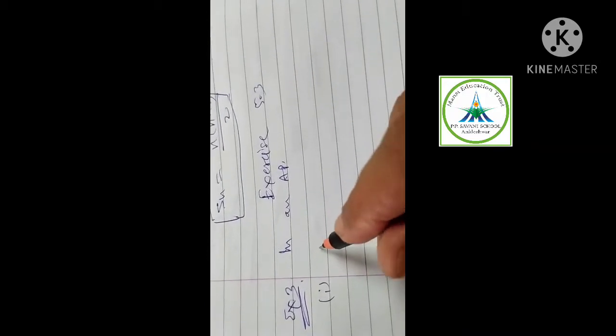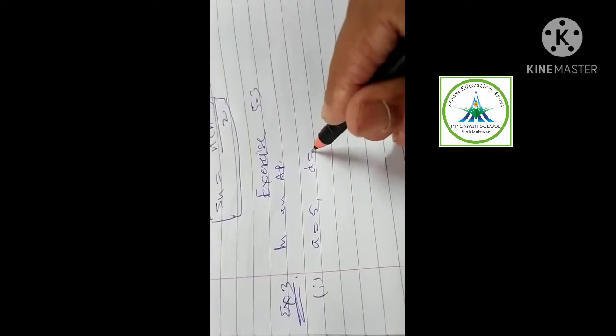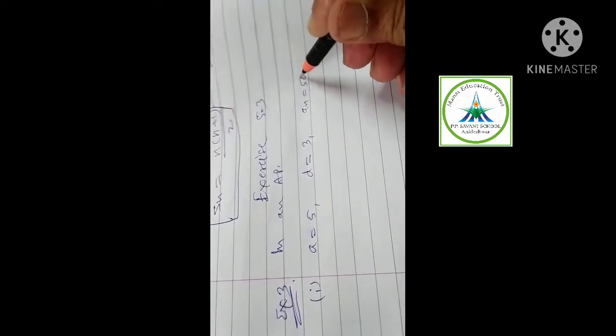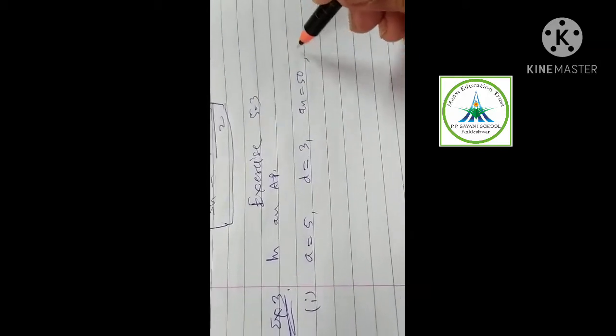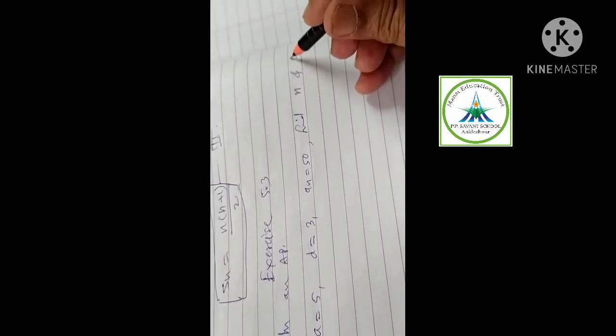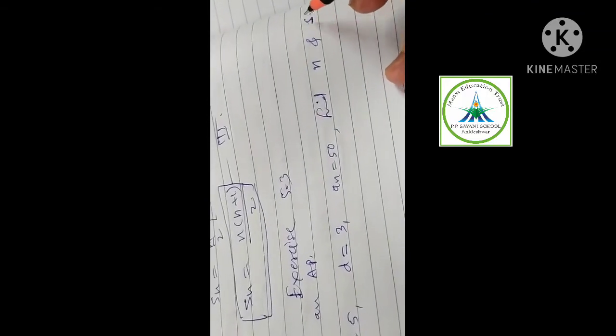What is given? a equal to 5, d equal to 3, an equal to 50. And they are asking us to find n and Sn. Got it? Find n and Sn. Please read properly and understand what is given.